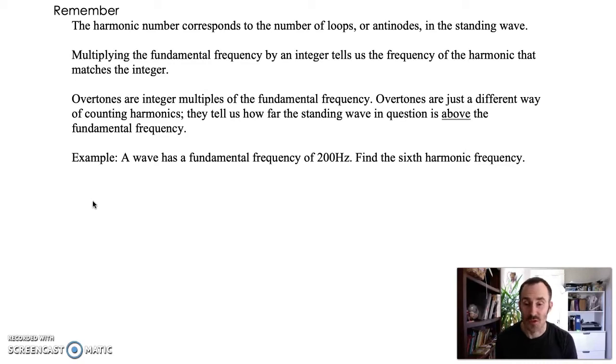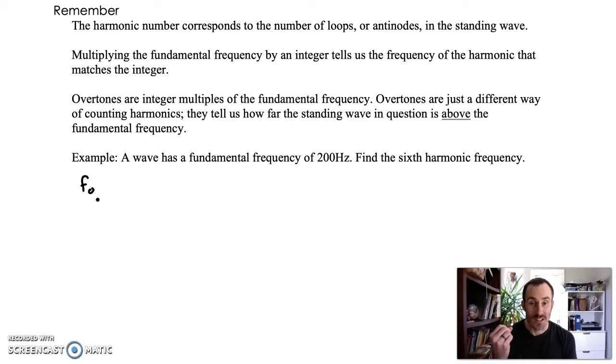Now here you see some reminders of what we just talked about. Feel free to check the notes for that stuff. What I want to do is do this example over here. So we're told that the fundamental frequency of a certain medium is 200 Hertz. Okay, and we're supposed to find the sixth harmonic frequency. So, going through the list, F0 would be the first harmonic frequency. So let's count this out.